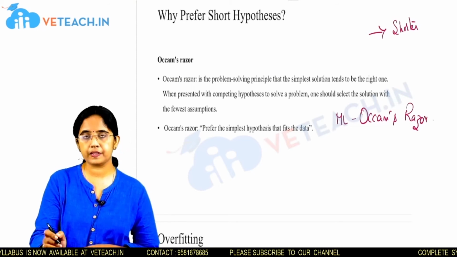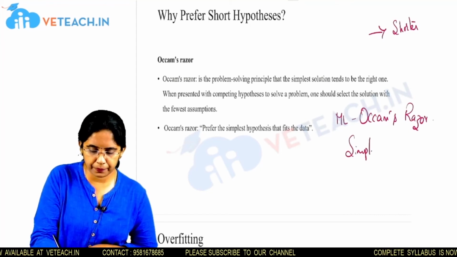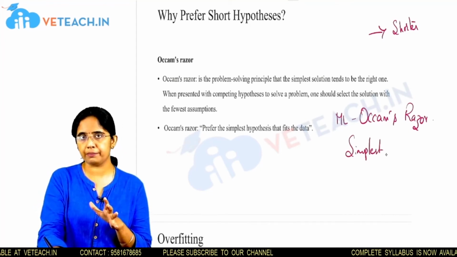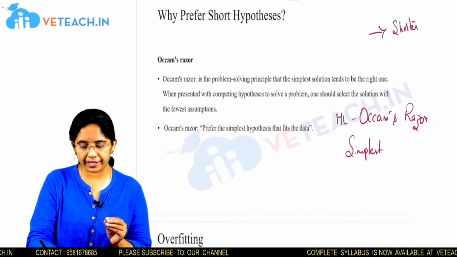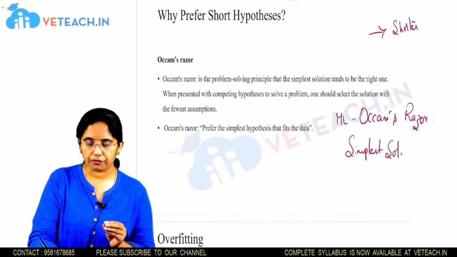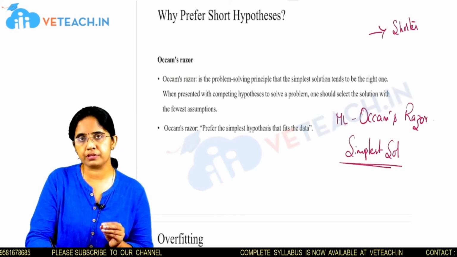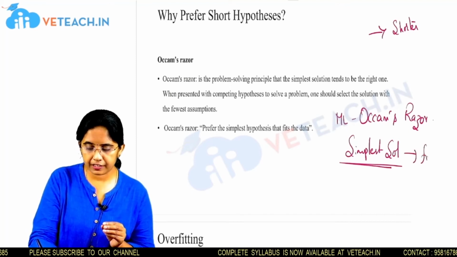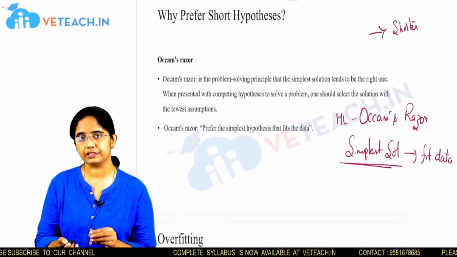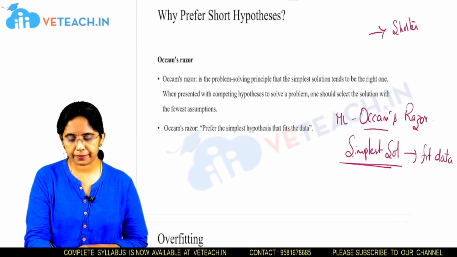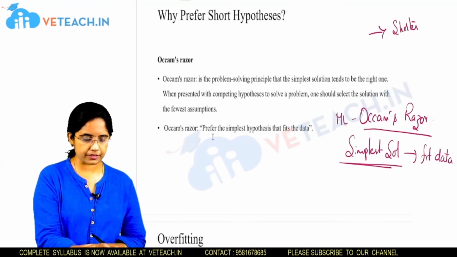Occam's razor principle will always tell that the simplest solution for any problem is best. Suppose you are having some learning problem, Occam's razor says that it is always best to find the simple solution for that particular problem, and it is proved that this simple solution will fit the data that we consider for training. So Occam's razor principle says that a simple solution will always fit the given training data set.